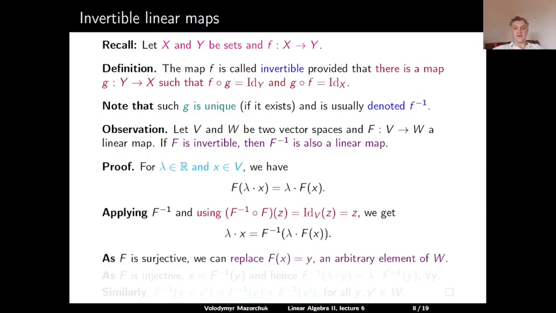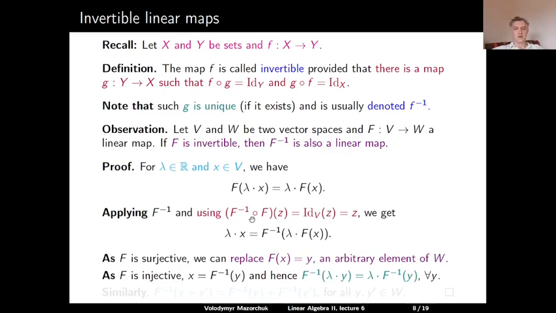But the map F is surjective because it has an inverse. So we can replace F of x by y, where y is any element in W. And then, since F is injective, there is a unique element x in V which is sent to y. In other words, x is equal to F inverse of y.